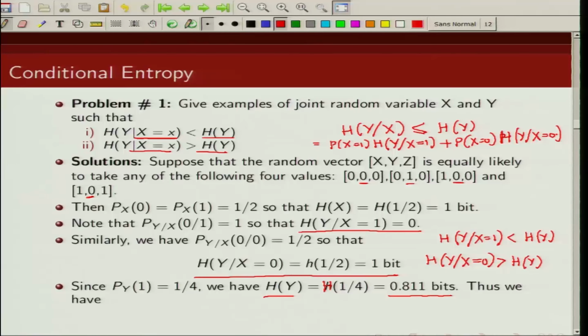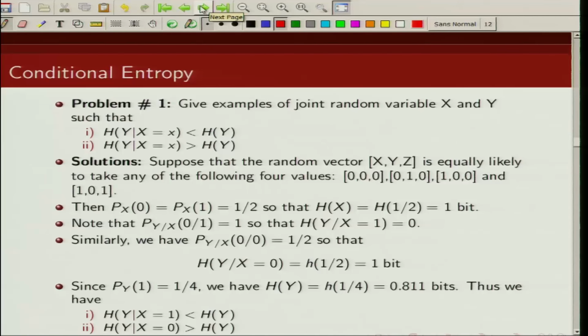This quantity is half, this quantity is 0, this quantity is half, and this quantity is 1. So this comes out to be 0.5, which is less than h of y. H of y is 0.811 bits.